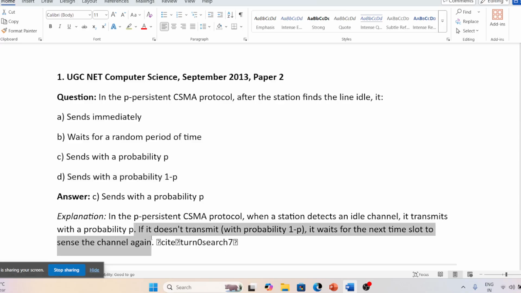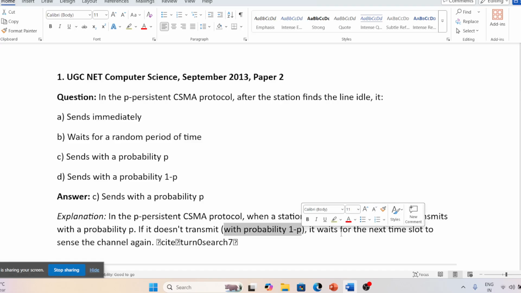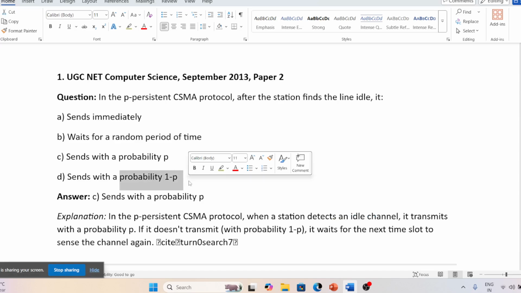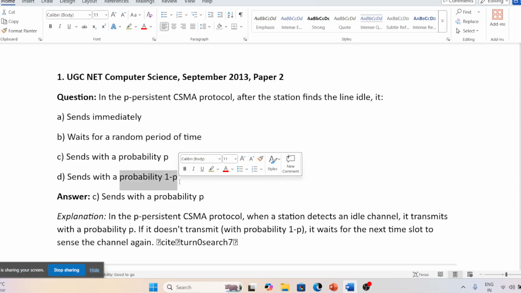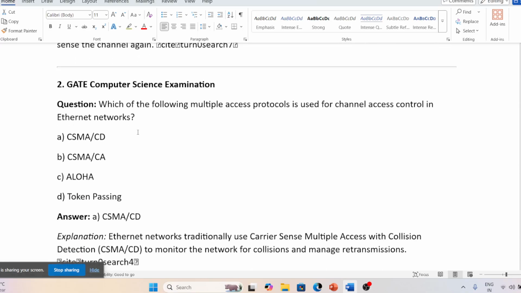So if it doesn't transmit, with probability 1 minus p it waits for the next slot. For the next slot, if we ask for the next slot, then we use this. For data transmitting, we use only probability p. In the next slot, if the channel is found busy again, in that case you use 1 minus p probability.